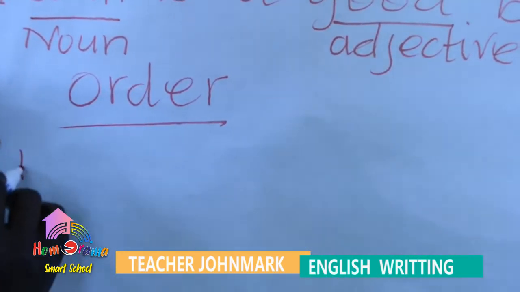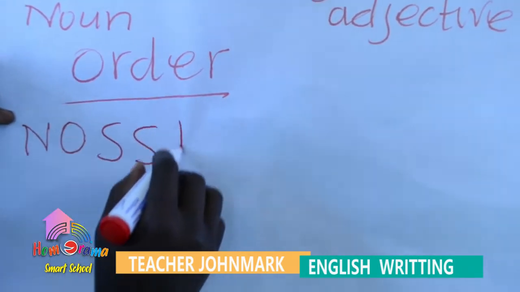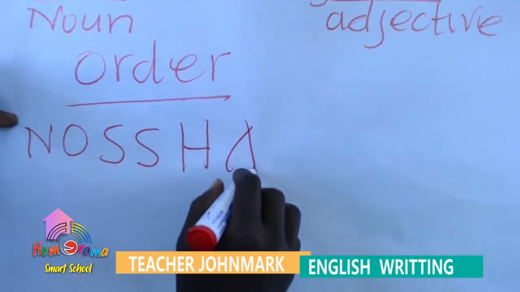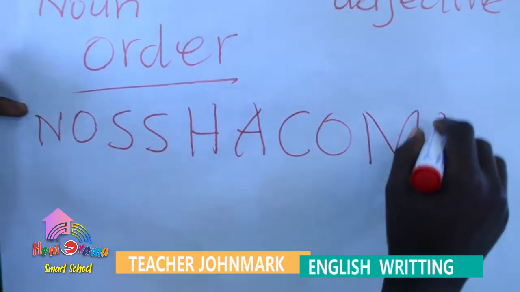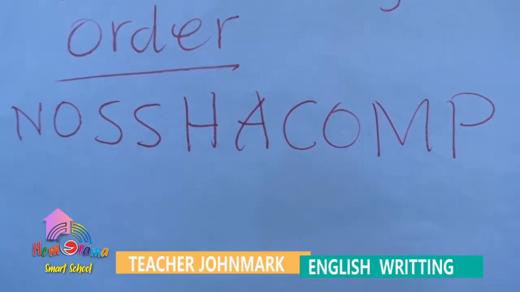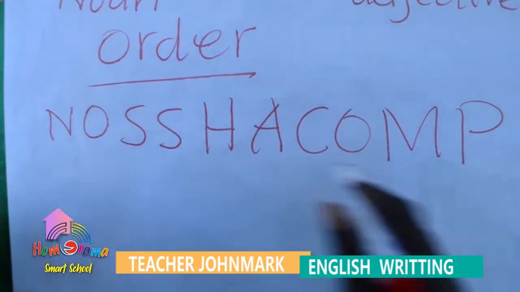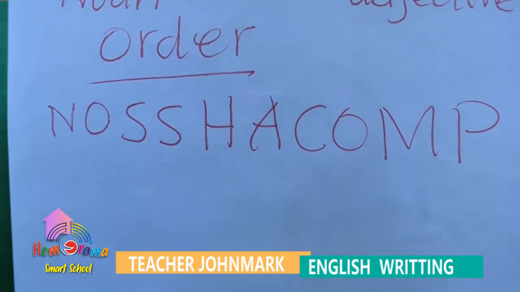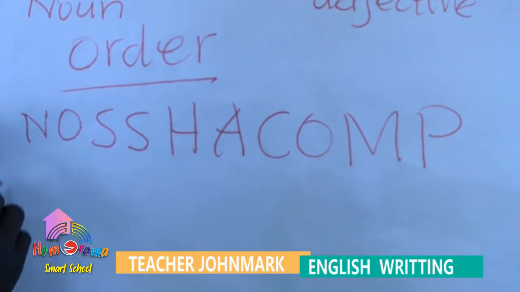So normally this is what we use. So, anytime we want to come up with the correct arrangement of the adjectives, then we use NOSHACOMP. We use NOSHACOMP. Now, let's write it vertically.